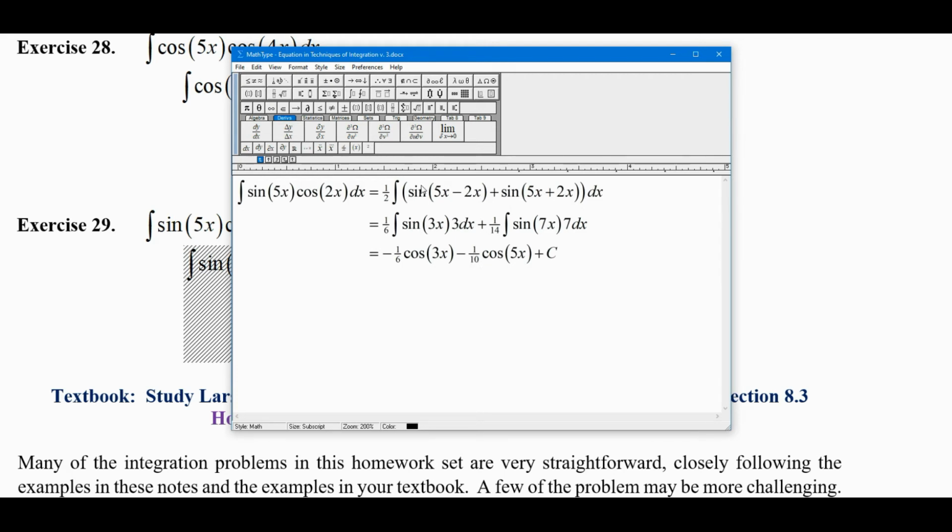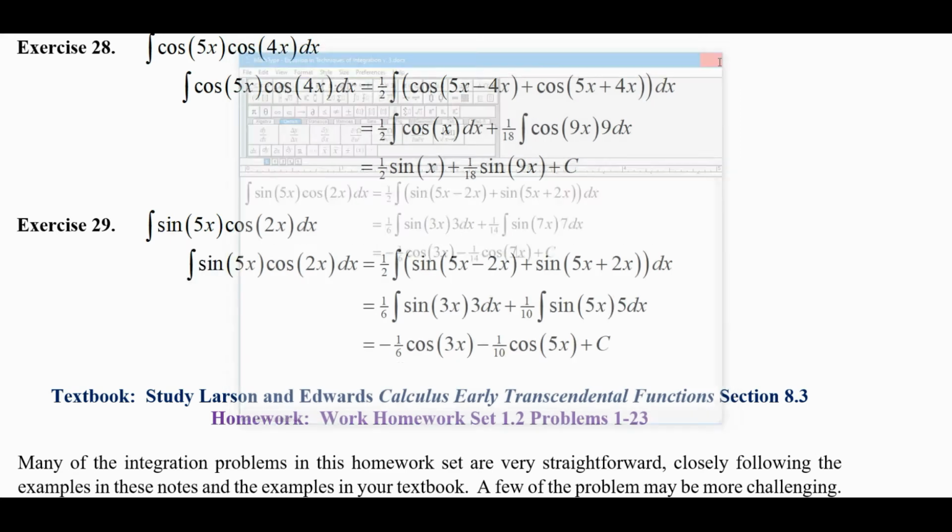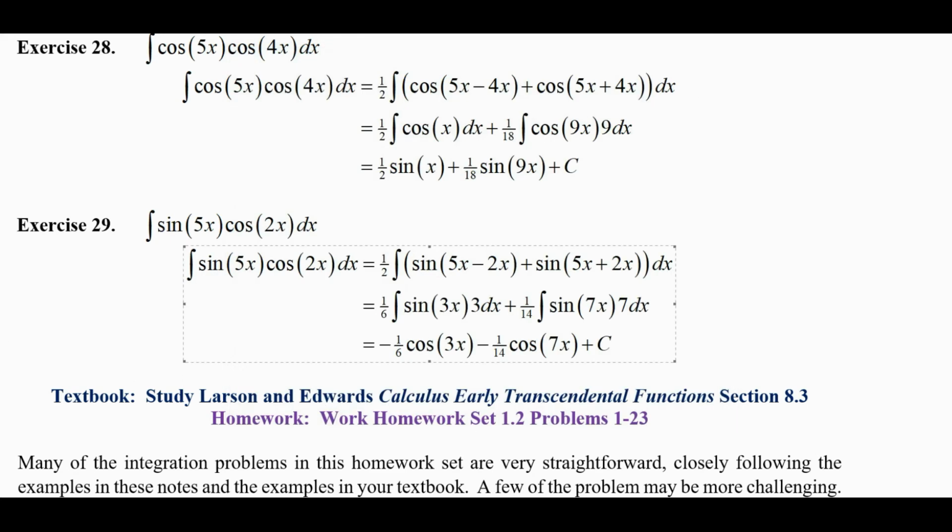I took the 3 here and put the 1/3 with the 1/2 to make a 1/6. The antiderivative of sine u du is cosine of u, where u is 3x and du is 3 dx. It's actually minus that, so we have a minus there. Similarly here, but this should be a 14, and this should be a 7. There we go, and we have that one now worked out correctly.